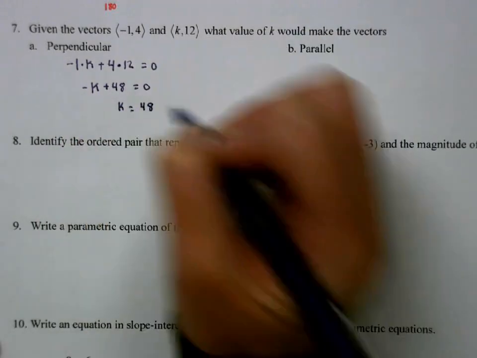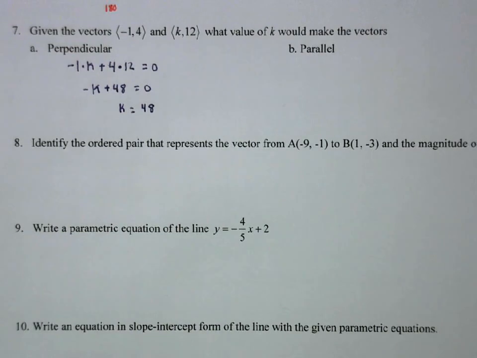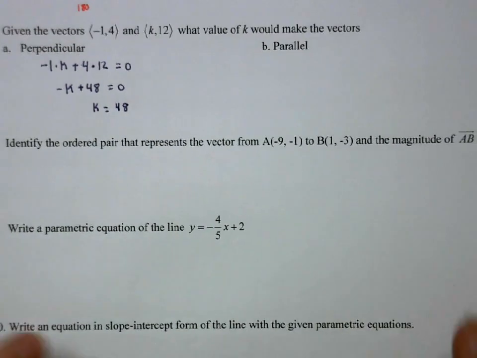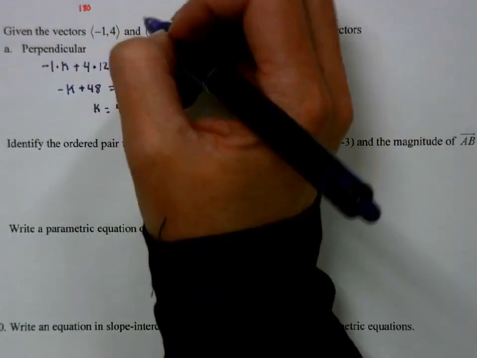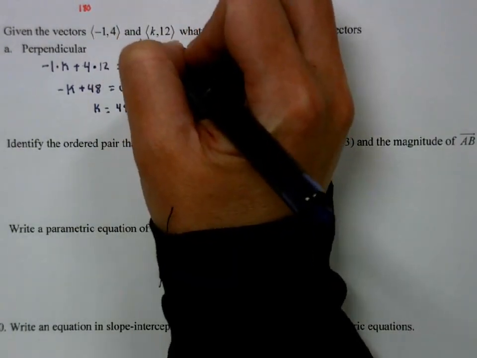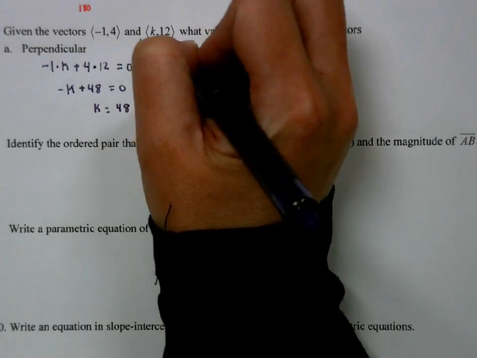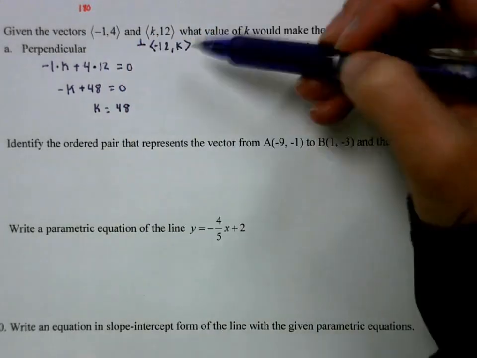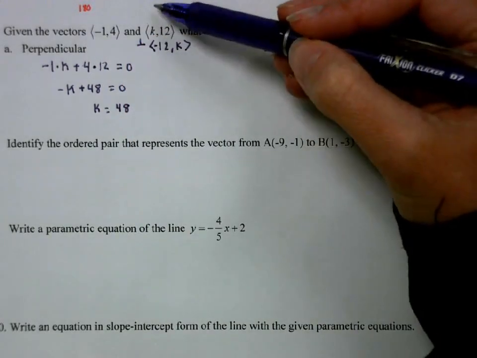For parallel, what I'm going to do is switch one of these and change the sign of 1. So I'm going to make this -12k. That would be perpendicular. These two are perpendicular. So if these two are perpendicular and these two are perpendicular, these two are parallel. So now I'll do the dot product with those two.